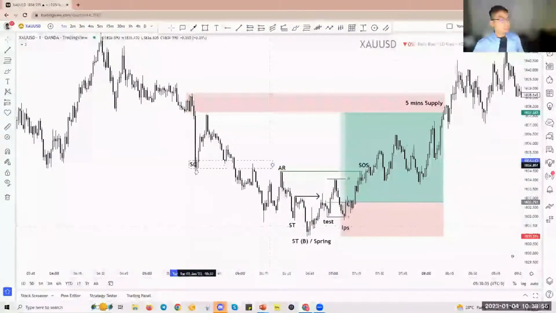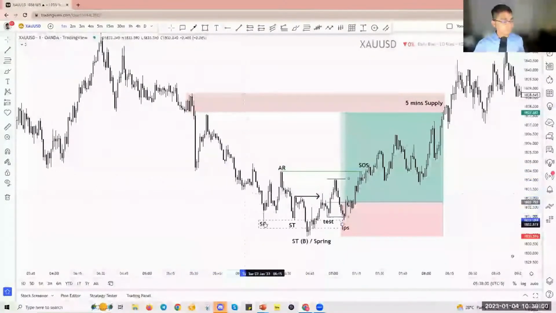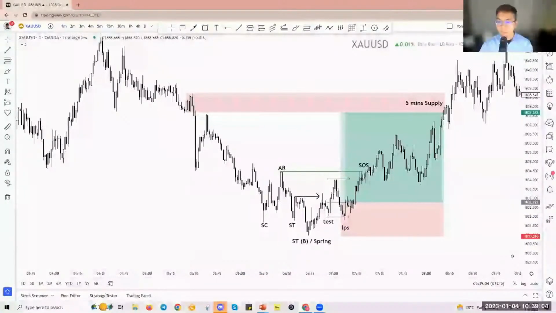So every time the SC forms, let's say I draw the SC here, I'll just keep moving it until the schematic forms. That's the reason why I say it might be complicated for new traders. I do not recommend beginner traders to use the Wyckoff schematic for trading.